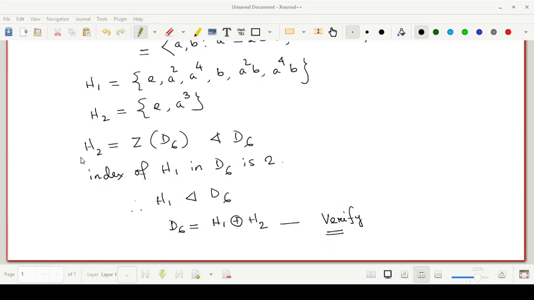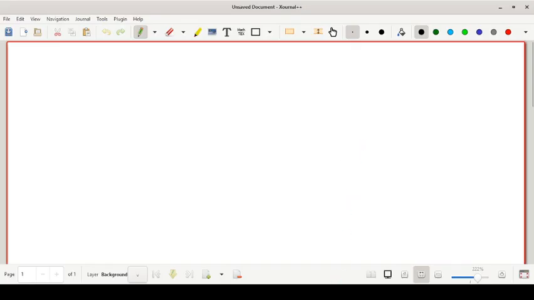So let us proceed to group action. One thing let me tell you: the fundamental theorem on finite abelian groups, this result I have not touched yet. I will come back to it after some time. Let us finish group action, and then I will come to this fundamental theorem a little later. So let us start group action now.